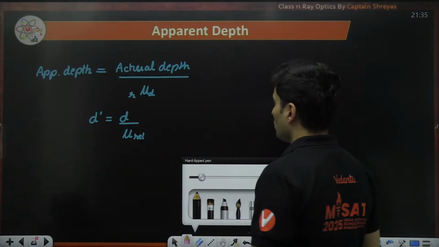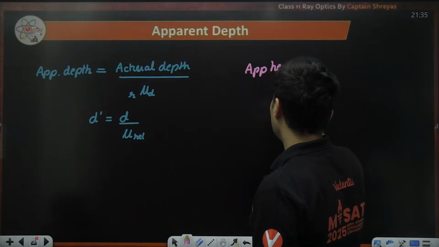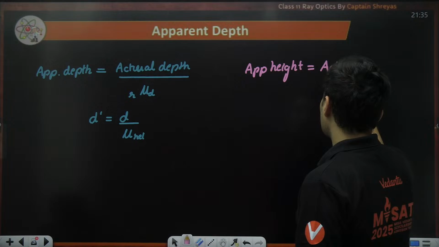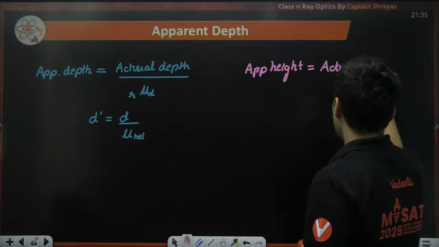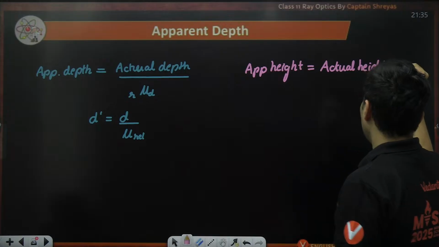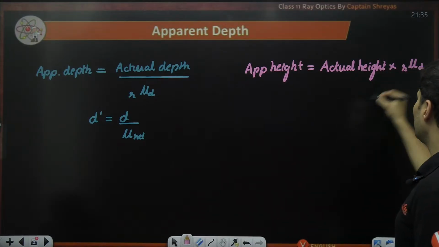But when it comes to the exact opposite, the apparent height will be more. So apparent height will be actual height multiplied by the refractive index of that dense medium with respect to the rare medium.